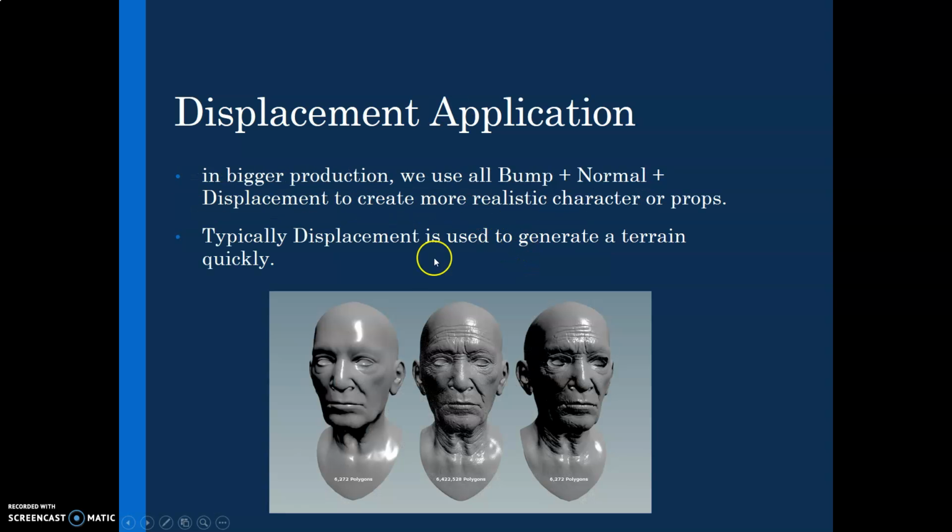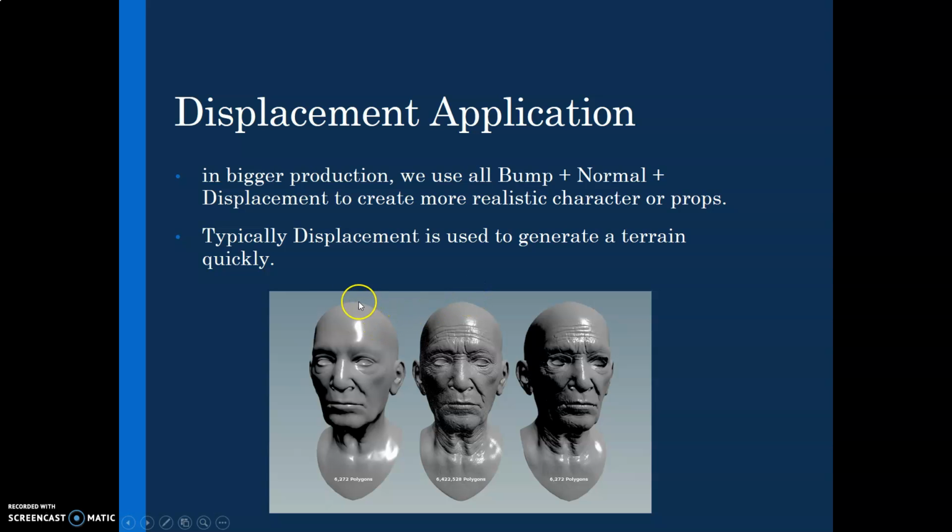Okay, now this is an example of how people usually combine the normal map and displacement. If you are to create a human head or a human character, they combine the bump, the normal, just to create a more realistic result. If you don't use anything, this is what you get. And if you use the displacement and the normal, they can simulate something very realistic.